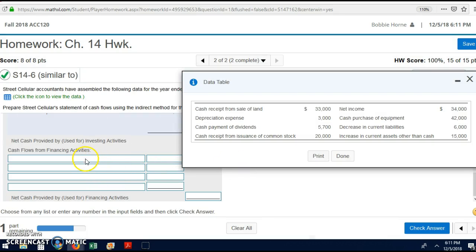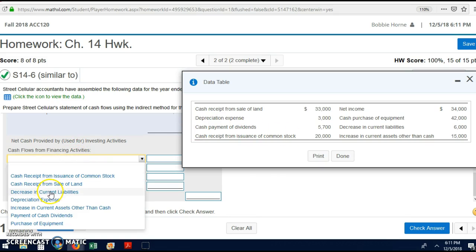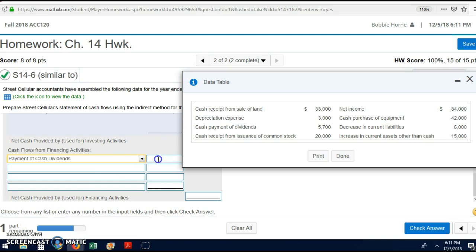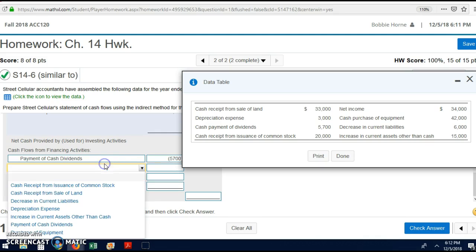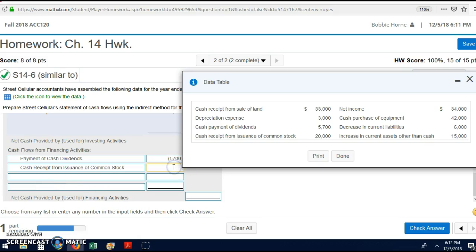And then financing, it looks like we paid dividends, 5,700, that's an outflow. And we issued stock, that's an inflow of 20,000. I did payment of dividends.